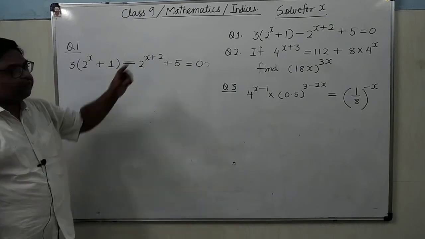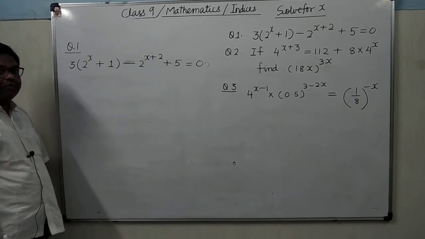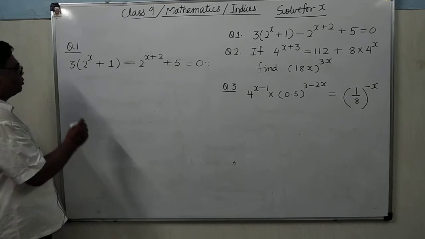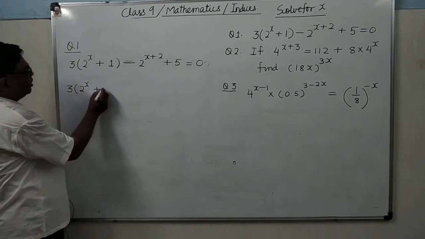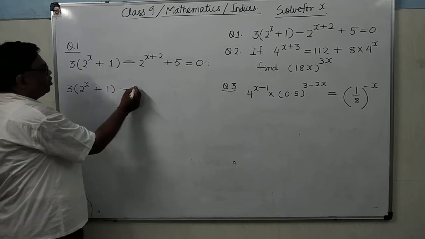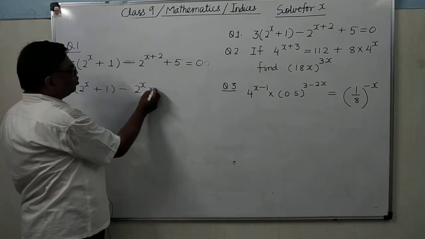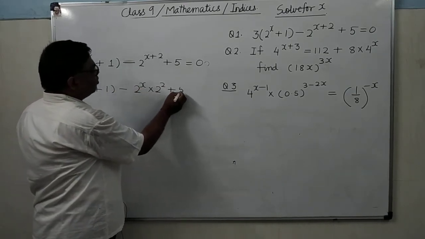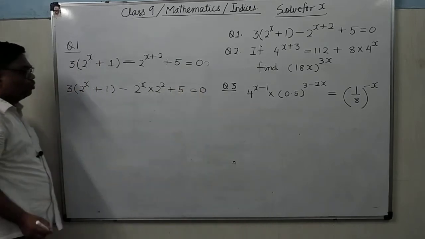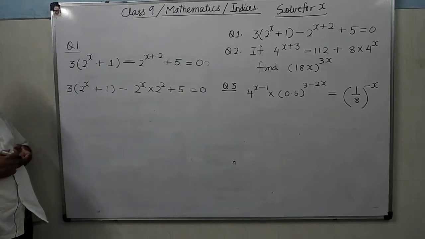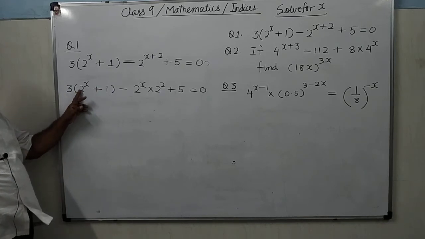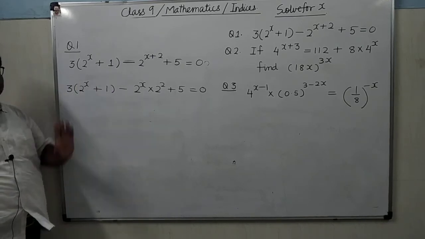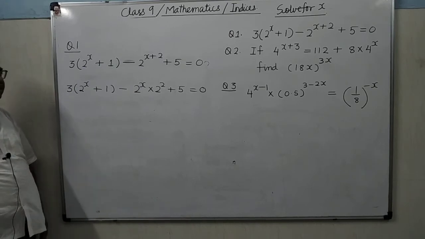Now here the power is a binomial. The power is a binomial containing two terms. So you split it. First you split it: minus 2 to the power x into 2 to the power 2, plus 5 equals 0. Now you can see in the whole equation here there is 2 to the power x, here also 2 to the power x. It's clear?